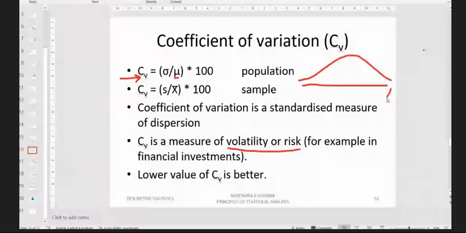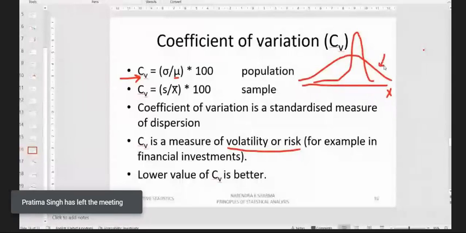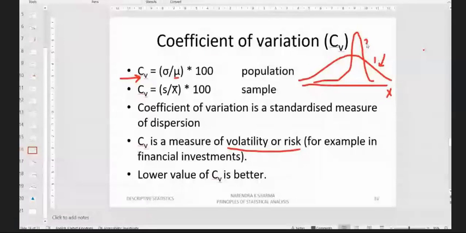Here you can see that the value of CV is greater because the standard deviation of distribution 1 is higher than that of group 2, or dispersion is higher, and standard deviation is a measure of dispersion of the scores.